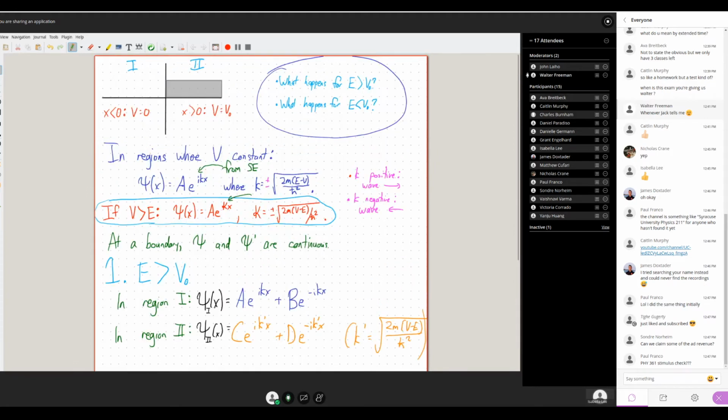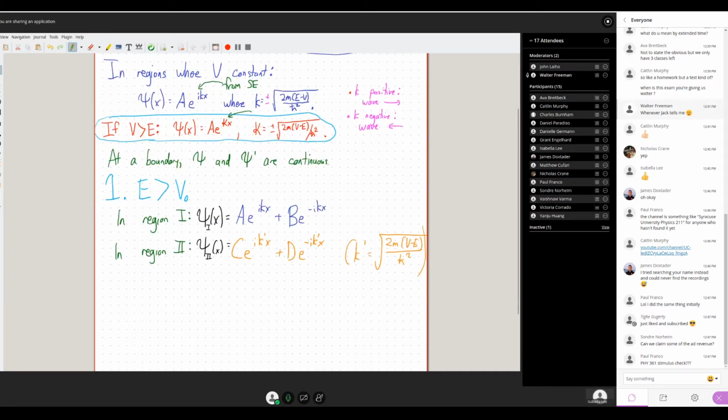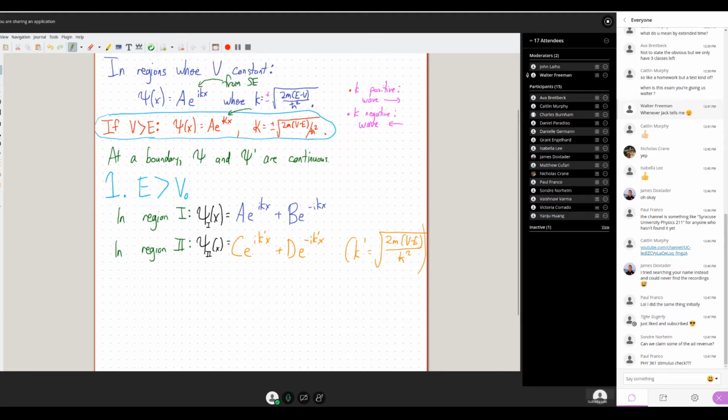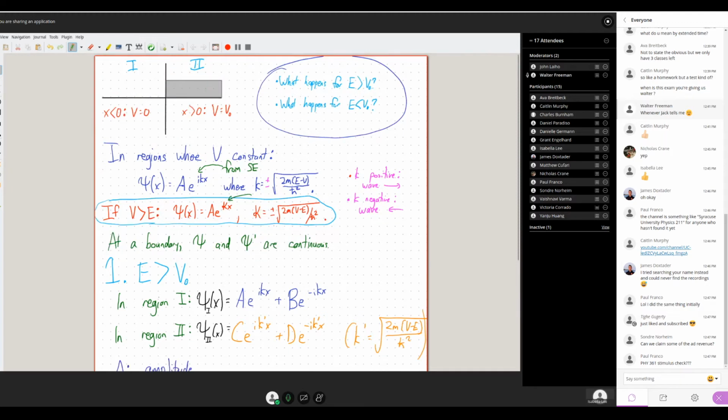One of the things that helps keep this straight is, what do your variables actually mean? So let's make a list. A: we're going to imagine that we're throwing particles from the left at this potential barrier.